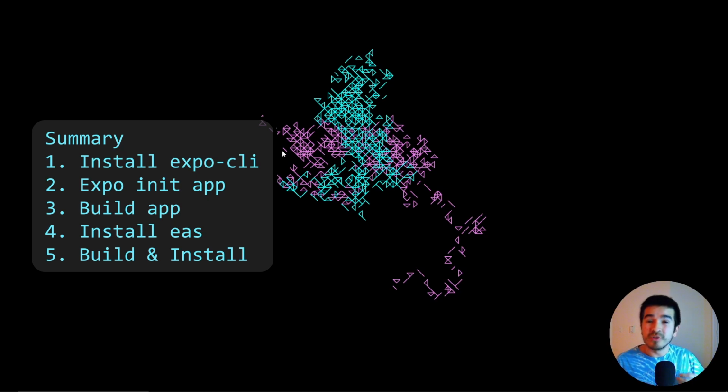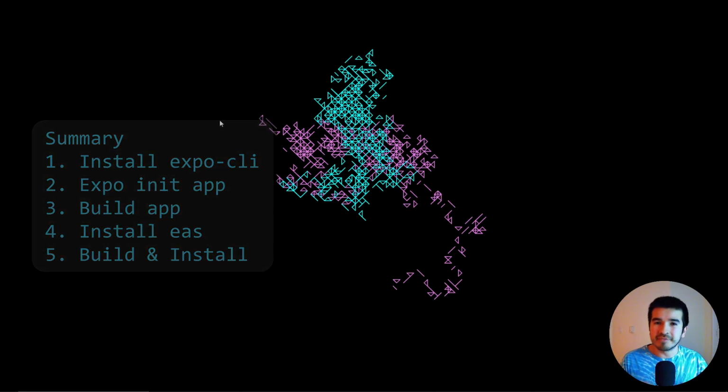Step four, you're going to be doing the EAS install, so npm i -g eas-cli. From there you're going to be running your builds, configuring to provision your devices, whether it's a phone, iOS, or Android. You're going to configure to those platforms, and then finally you're going to run your eas build to run your builds and whatnot.